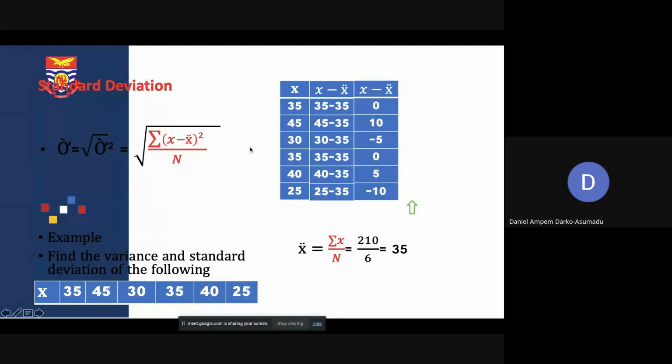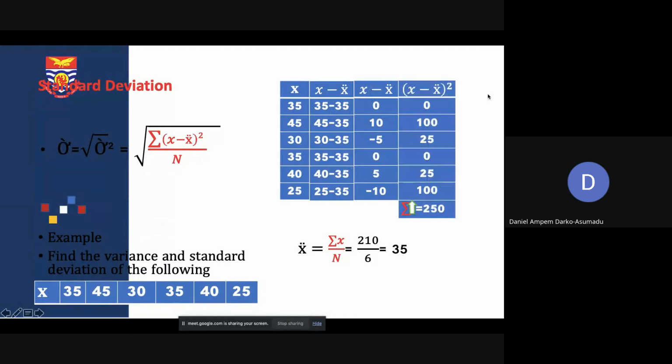Then the formula says square it. Whatever value you are getting for X minus the mean, you square these values. 0, 100. Negative 5 times negative 5 is 25. Then this is 0, this is 25, and this is also 100. After that, the formula is saying sum it. So you add all these values, you get 250.